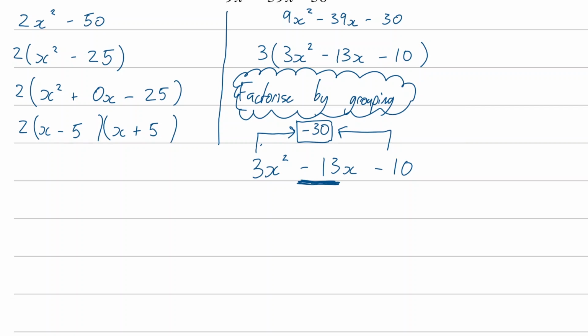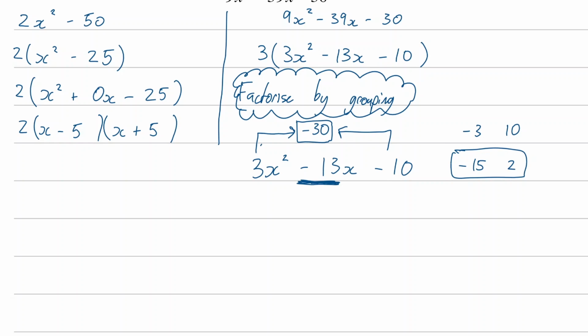So, what do we have here? We could do negative 3 times positive 10. Well, that would give us negative 30, but that adds to positive 7. So, can't be that one. What about negative 15 and positive 2? That multiplies to negative 30, and that adds to negative 13. So those are our two factors.